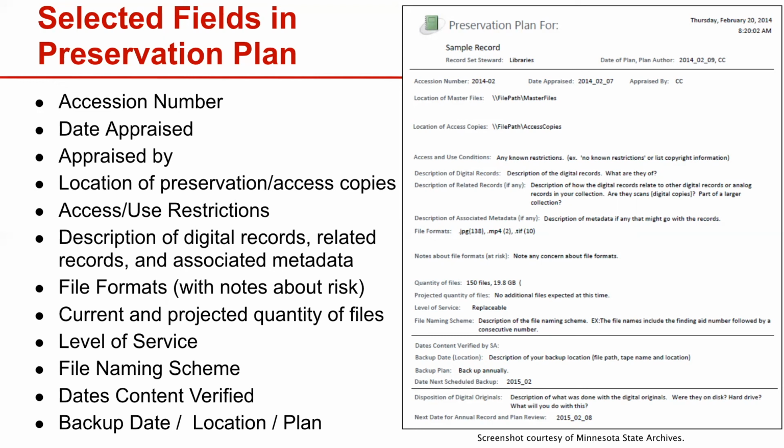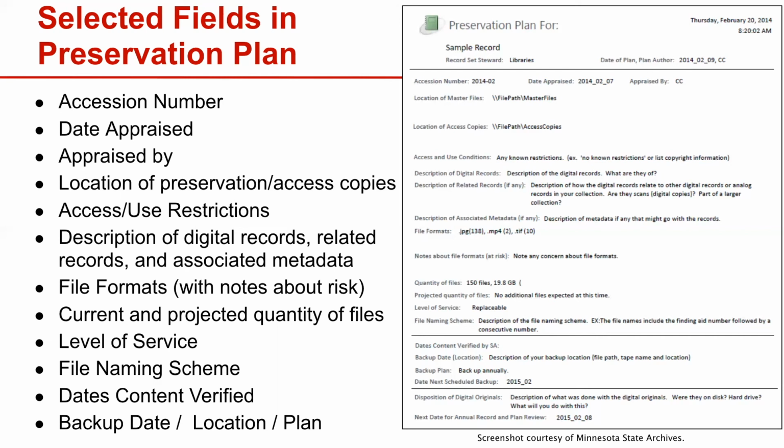The location of the preservation and access copies is documented. Any access or use restrictions are recorded. A description of the digital records, any related records and associated metadata is captured. A section on the file formats with notes about risk or concerns is added and can be reviewed at any time.